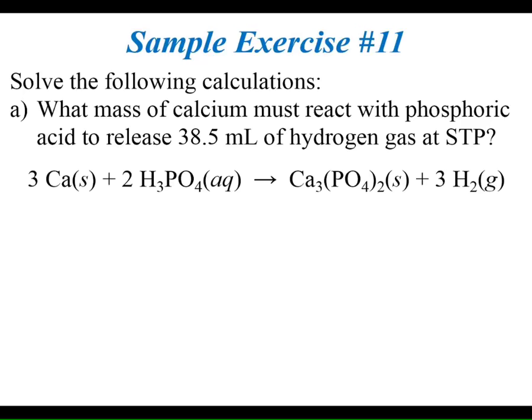What mass of calcium must react with phosphoric acid to release 37.85 milliliters of hydrogen gas at STP? When you see the STP, you should be thinking, oh, now I can use molar volume because I'm at STP.